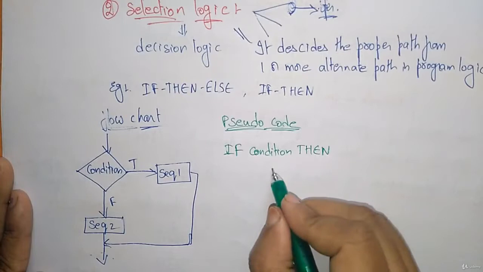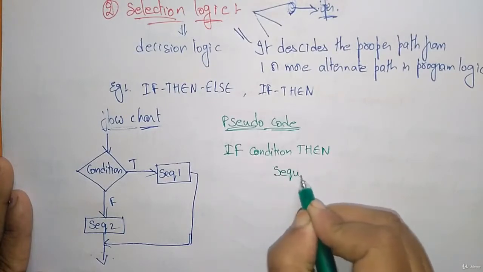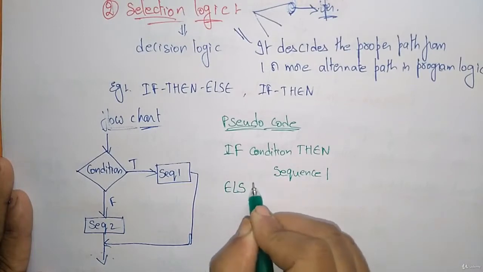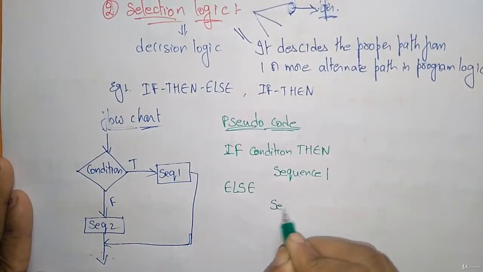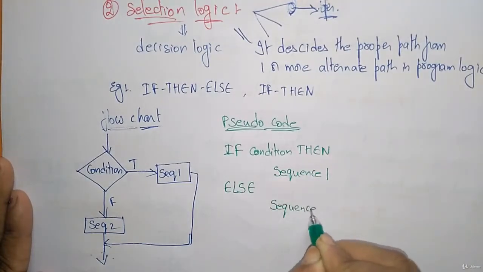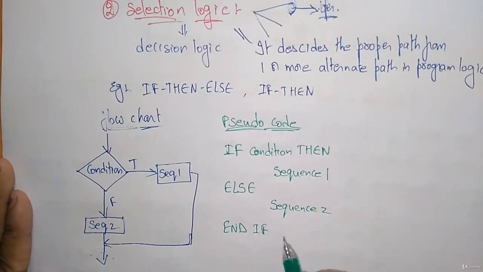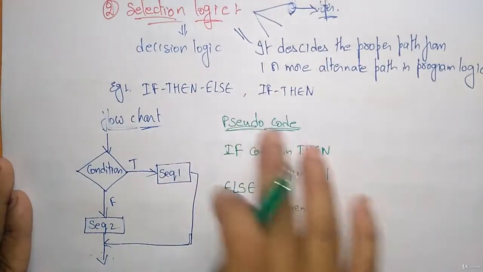IF condition THEN sequence 1, ELSE sequence 2, and ENDIF. This is how you represent the pseudocode for this flowchart. This is a selection logic, if then else.